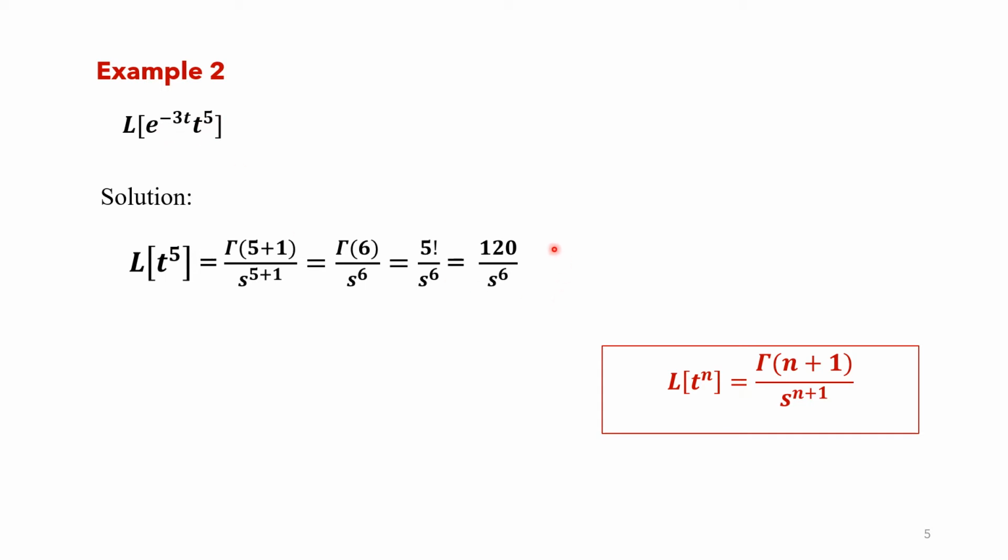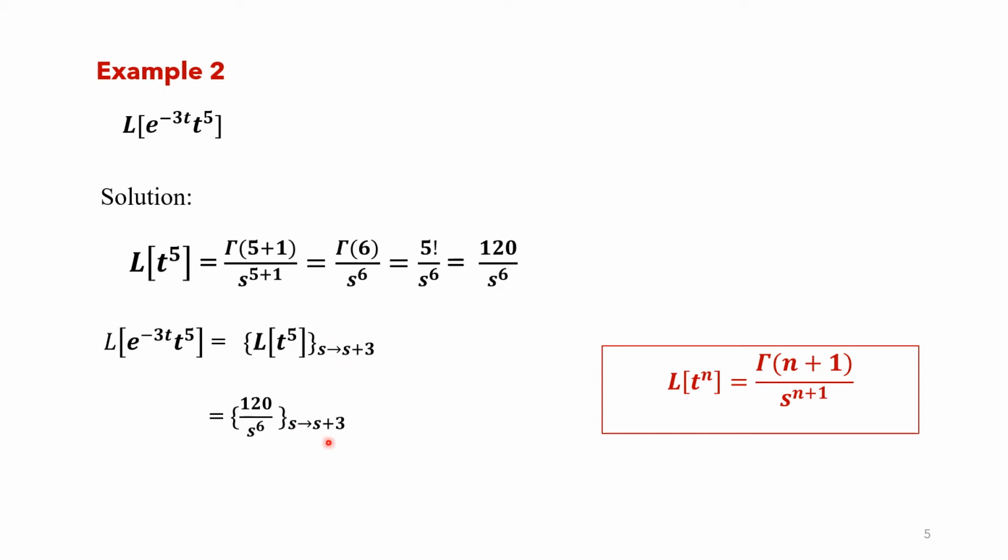Now whatever answer we have got, since this function is multiplied by e raised to minus 3t, whatever answer we have got for L of t raised to 5, replace s by s plus 3 because we have minus 3t here. So L of e raised to minus 3t, t raised to 5 will be whatever is the Laplace transform of the function, replacing s by s plus 3.